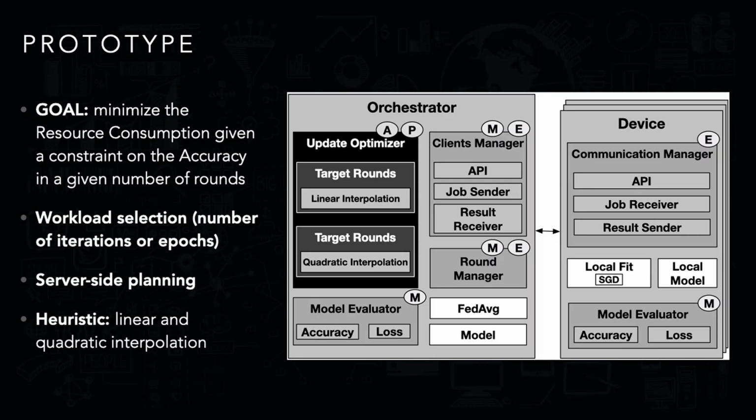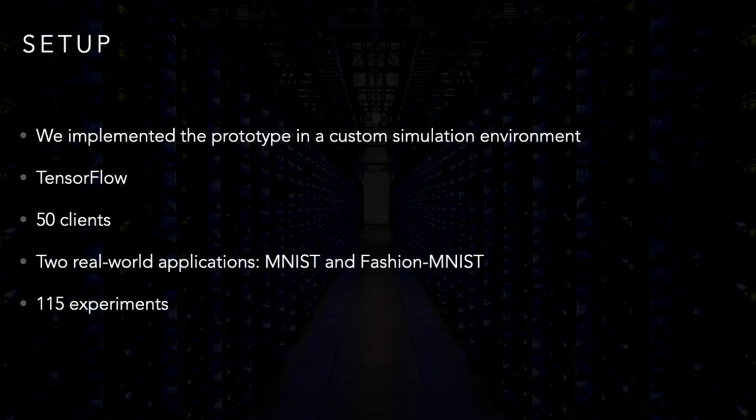So the goal of the prototype is to minimize the resource consumption given a constraint on the accuracy to be achieved in a given number of rounds. The problem that we tackle is the workload selection, so how many iterations to be executed at each round on each client, and we decide this in the server and not locally in the clients, and we use two heuristics, linear and quadratic interpolation.